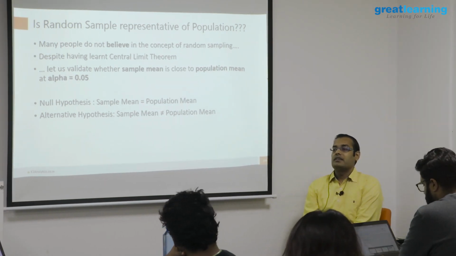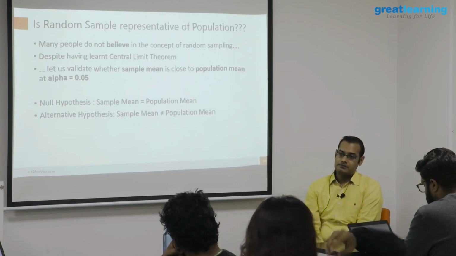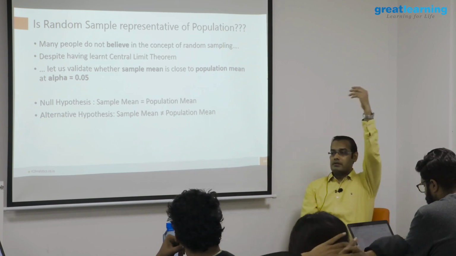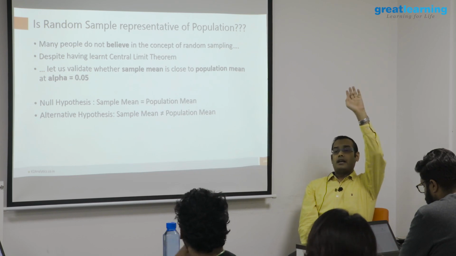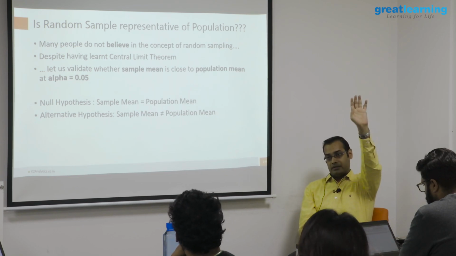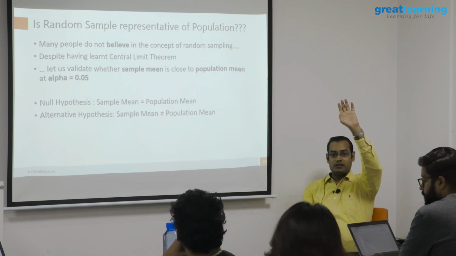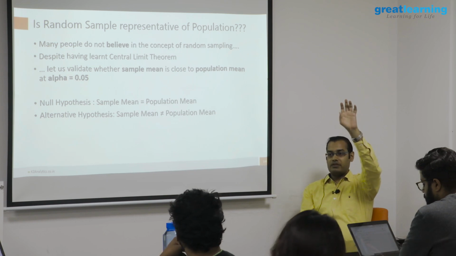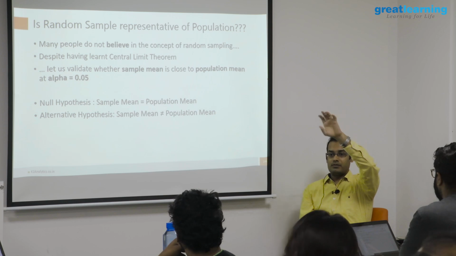Can I say this 10,000 sample is representative of the population? The population is not normally distributed. I have a population of 1 lakh. From 1 lakh, I take a sample of 10,000. Can I say this sample is randomly taken? Can I say this sample is representative of the population?